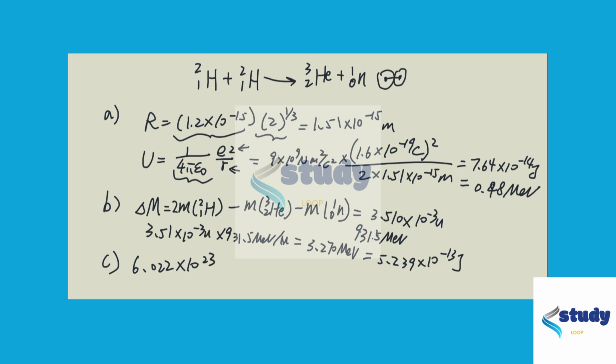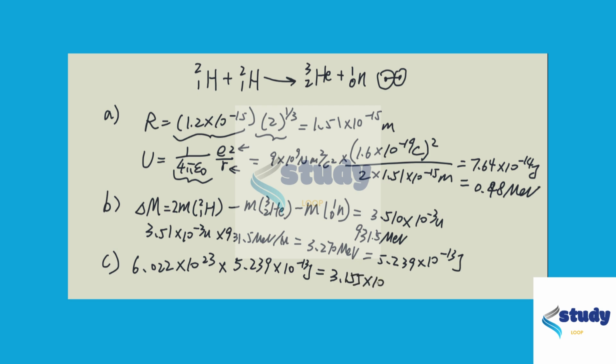So we will have 6.022 times 10 to the 23 reactions for each mole of deuterium, because deuterium has 2 atoms, and then 2 atoms form a reaction. Each pair produces the amount of energy that we found, 5.239 times 10 to the negative 13 joule.